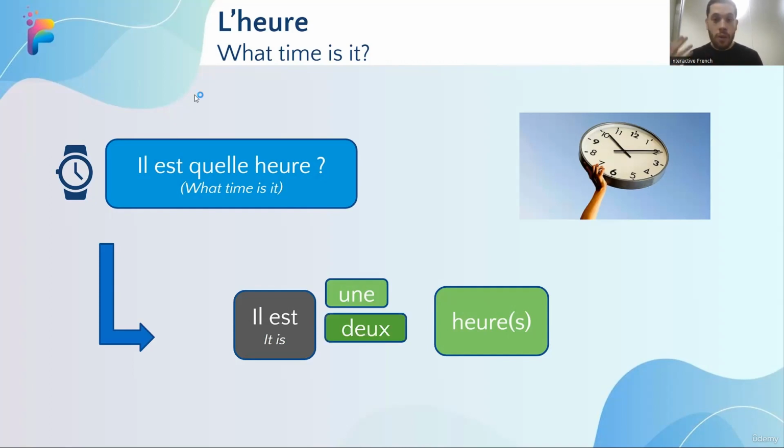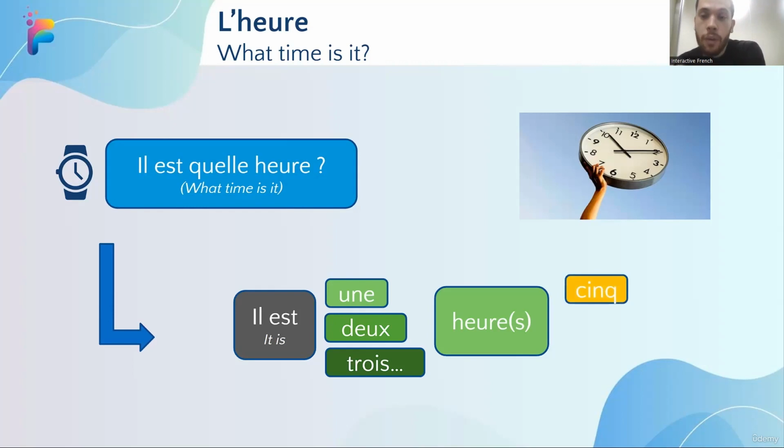If it was 2 o'clock, you would say il est 2 heures. If it's 3 o'clock, you're going to say il est 3 heures. And il est 4 heures, il est 5 heures, il est 10 heures, il est 15 heures, and so on and so forth, okay? Make sure to say heure all the time, right? Heure, that's a mandatory one. It's not like in English where you can say it's one. You have to say il est 1 heure, okay?